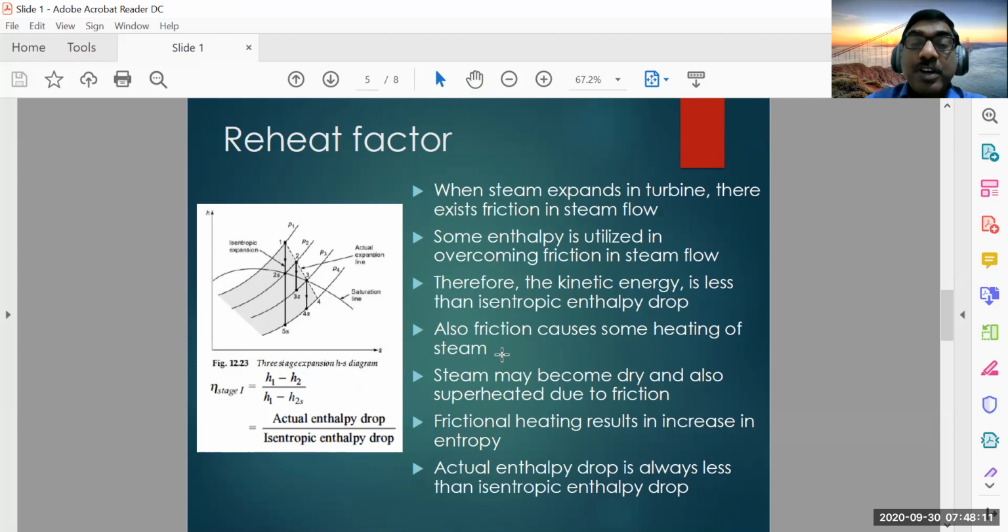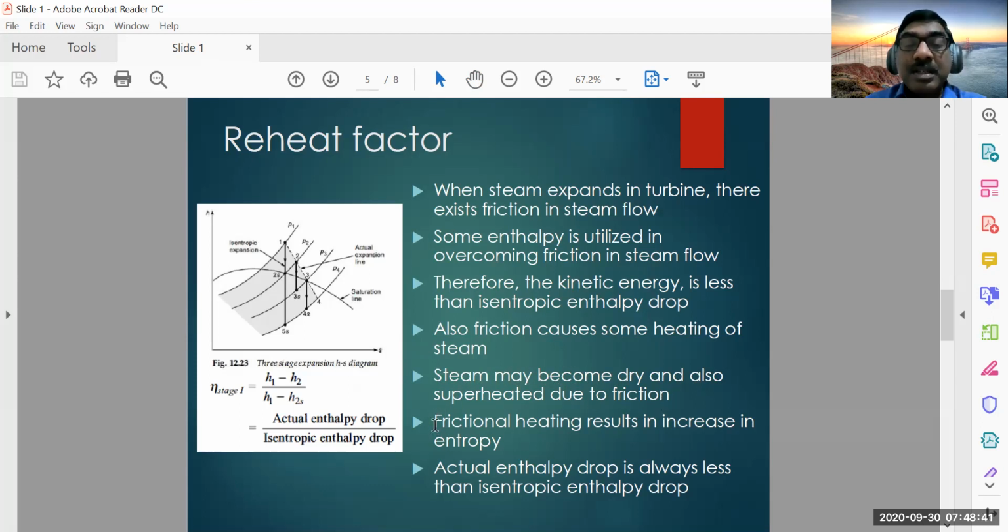There are two important aspects you have to understand here. One is that the actual enthalpy drop is less than the isentropic enthalpy drop, which means the net amount of work will be decreased. Another is that during the expansion, because of the friction, there may be some increase in the heat energy of the steam, so the steam may become dry and also superheated due to friction.